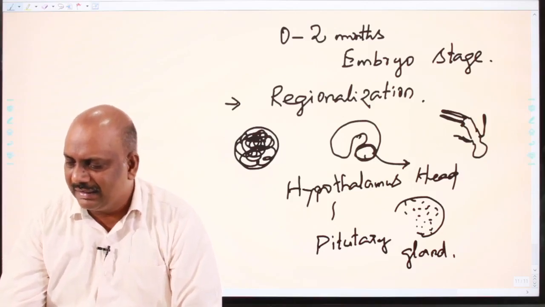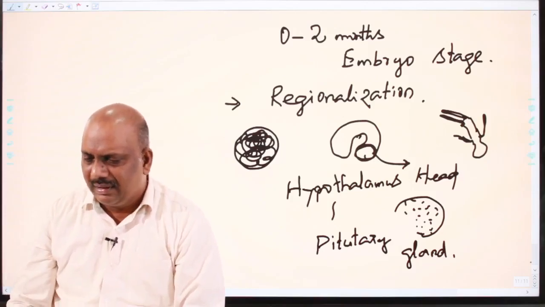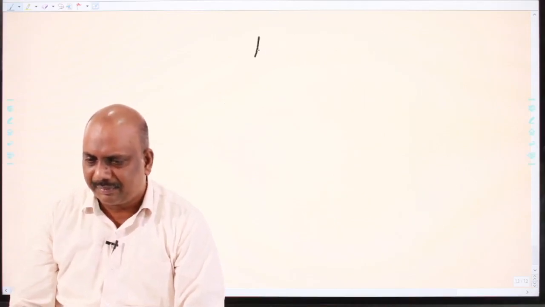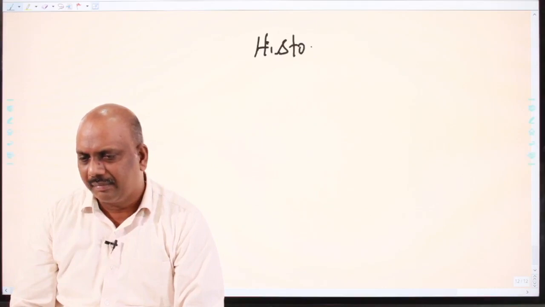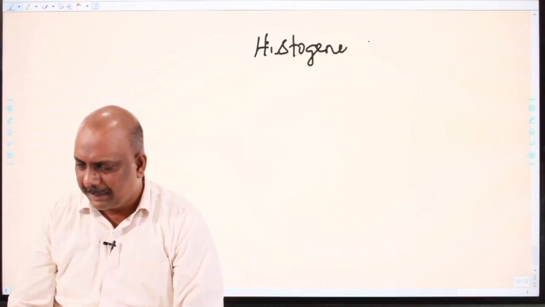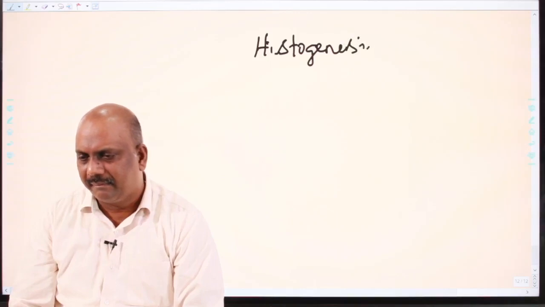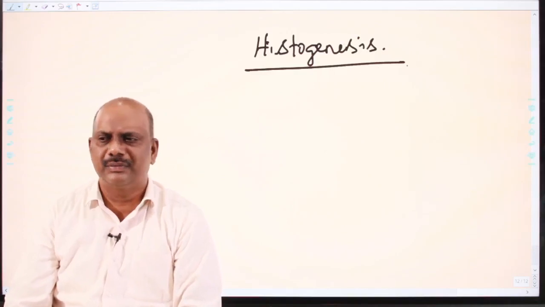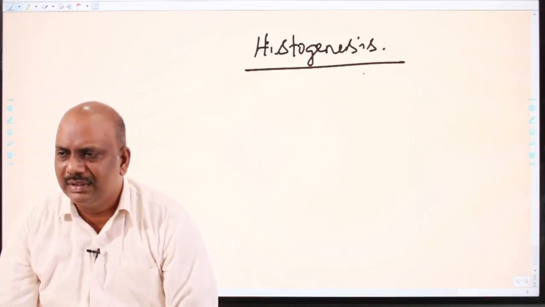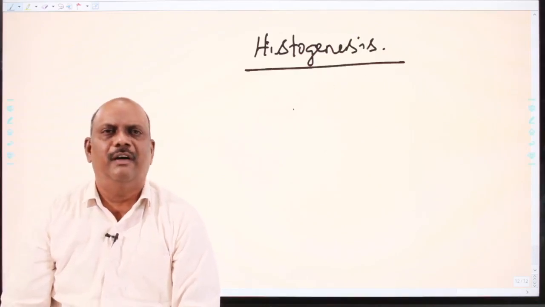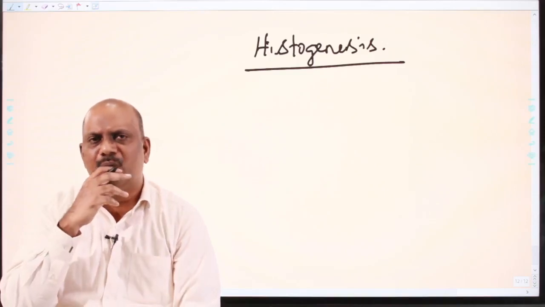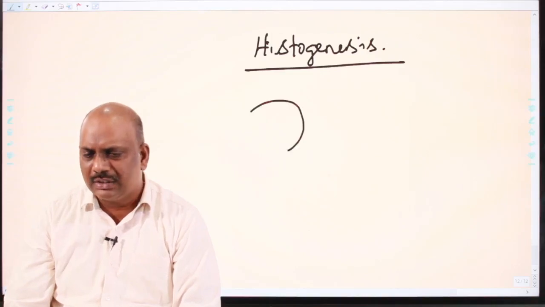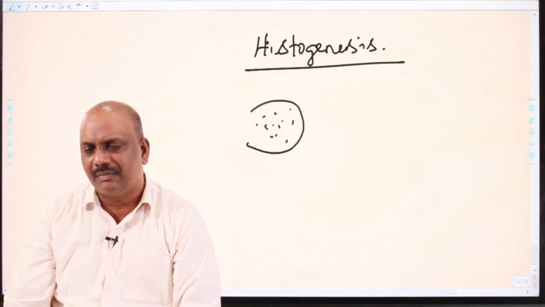So after regionalization, the other process starts, that is histogenesis. Histology is the study of tissues. Histogenesis refers to the differentiation of cells to form different tissues. Now in the head region, we have one single mass of cells.